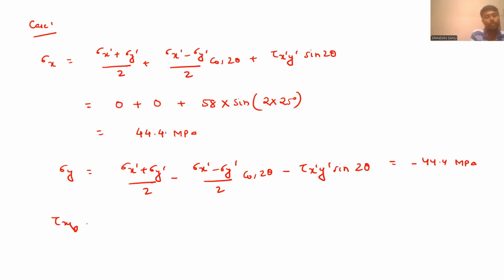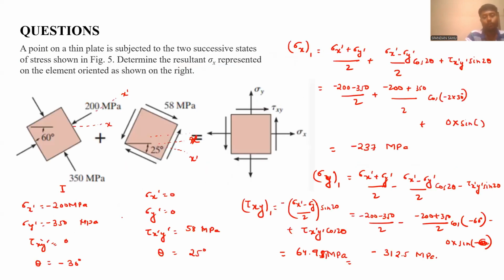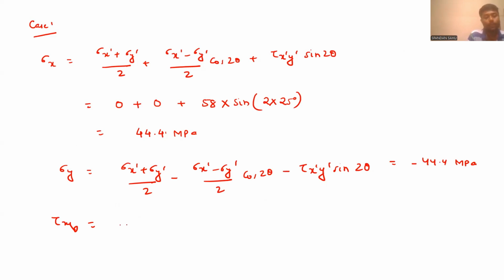Similarly, tau xy will be equal to minus of (sigma x prime minus sigma y prime) by 2 sine 2 theta plus tau x prime y prime cos 2 theta, or let us write it completely.